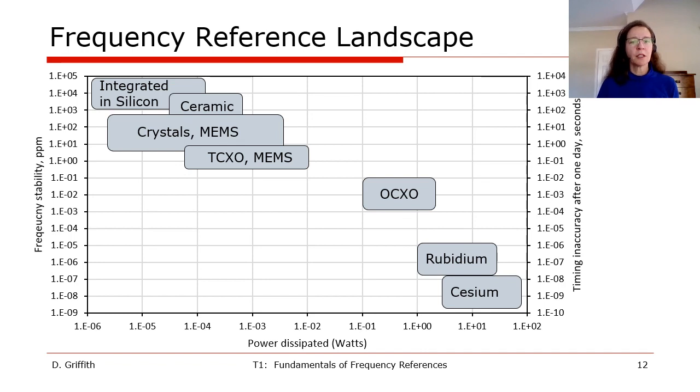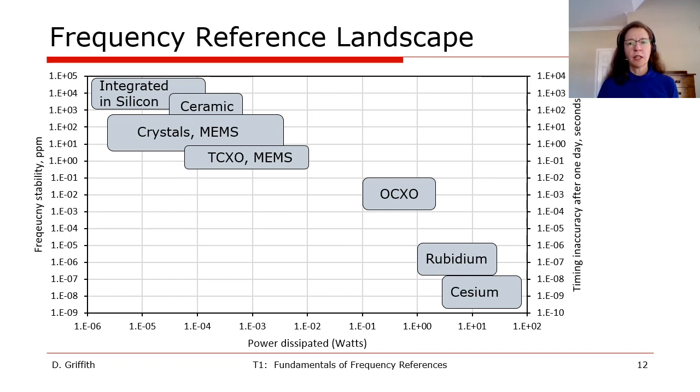Next, increasing in accuracy and power, we have ceramic oscillators, then crystal and MEMS oscillators, followed by TCXOs, or temperature compensated crystal oscillators, which are accurate to a few ppm but consume closer to 1 milliwatt of power.